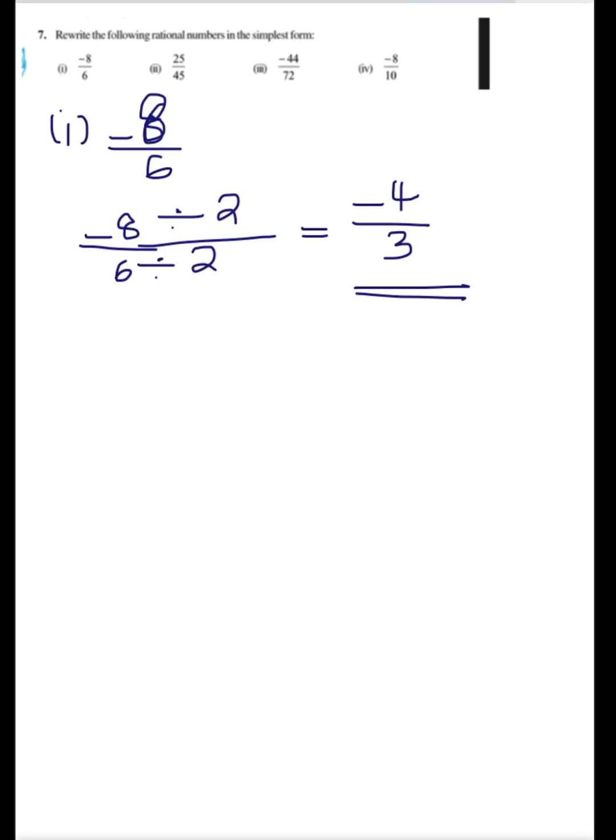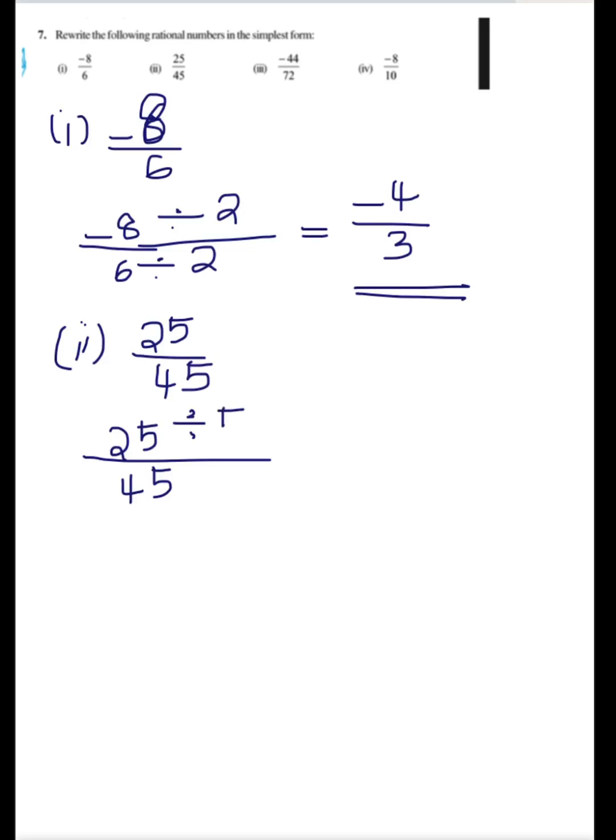Now let's take the second question, which is 25 by 45. We need to divide both numerator and denominator by a common factor for both 45 and 25. So I am taking 5. You can divide both 25 and 45 using 5.